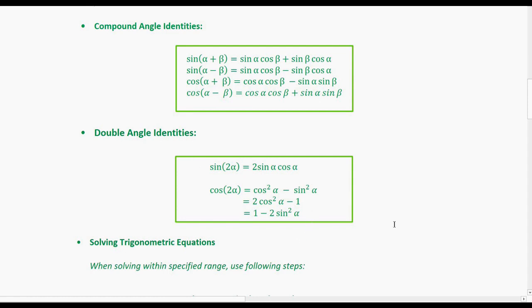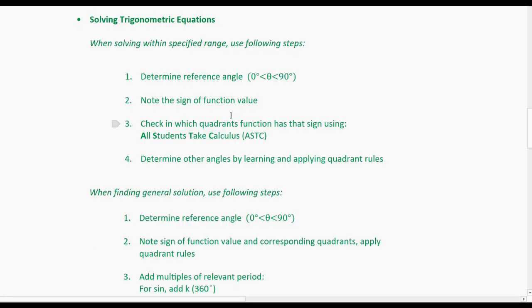Then earlier on during the fundamentals part, I outlined a basic strategy for solving trigonometric equations, where when you have a question asking you to solve a trig equation within a specified range of angle values, you would use the following steps. You first determine the reference angle, which would be an acute angle between 0 and 90 degrees.